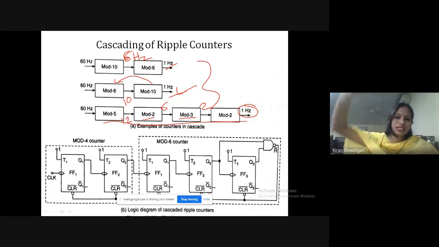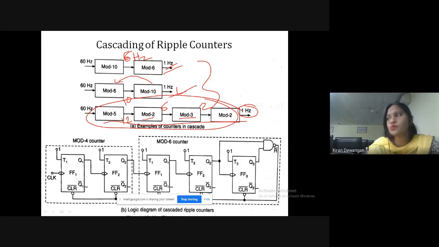Okay, so is the concept of cascading clear? We make use of cascading the counters for frequency dividing actually. Now it is very difficult to design a complete mod 60 counter for 1 hertz output. So we have cascaded 2-3 counters as per our requirement and as per the availability of the counters.